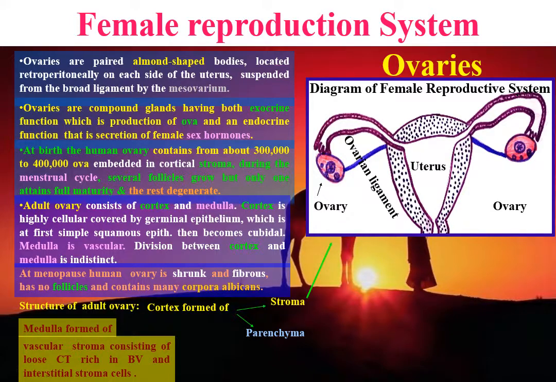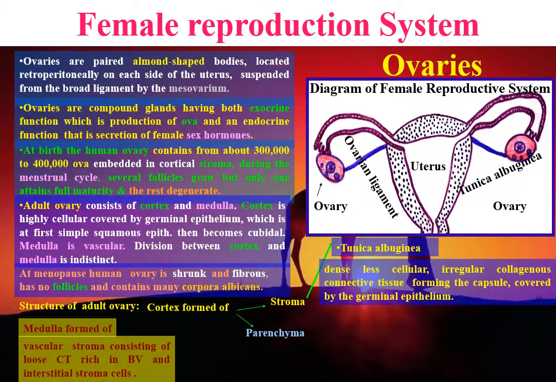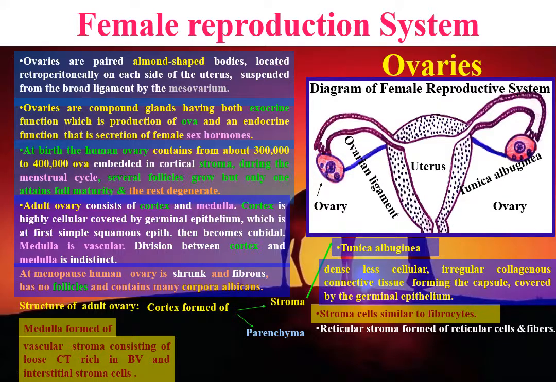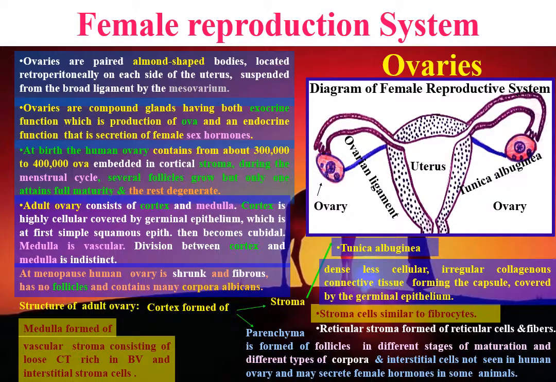Stroma of the cortex is formed of tunica albuginea, which is a dense, less cellular connective tissue forming the capsule covered by the germinal epithelium, stroma cells similar to fibrocytes, and reticular stroma formed of reticular cells and fibers. Parenchyma of the cortex is formed of follicles in different stages of maturation, different types of corpora, and interstitial cells, not seen in the human ovary, which may secrete female hormones in some animals.